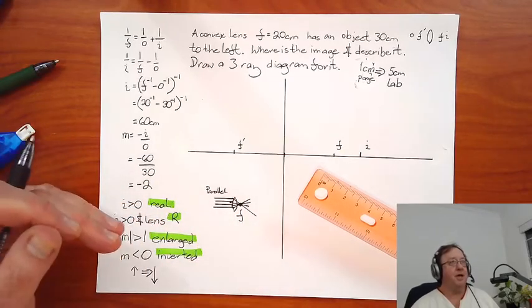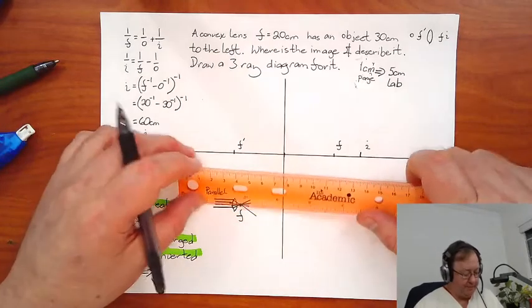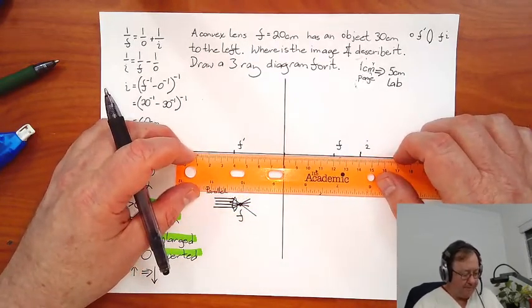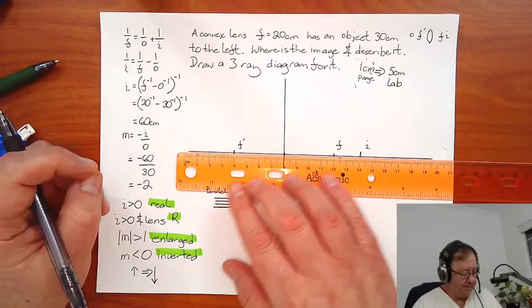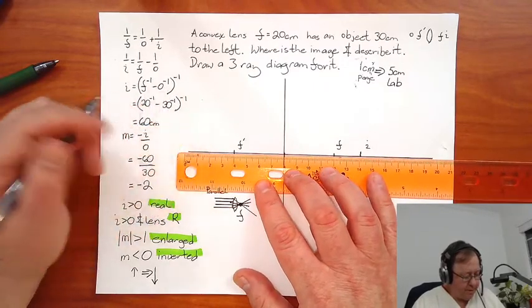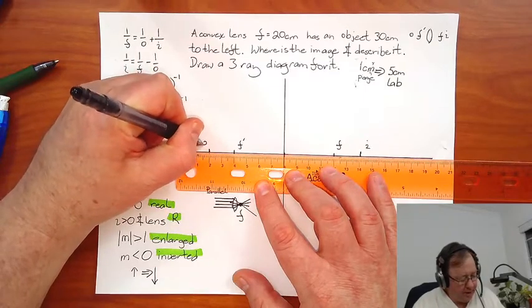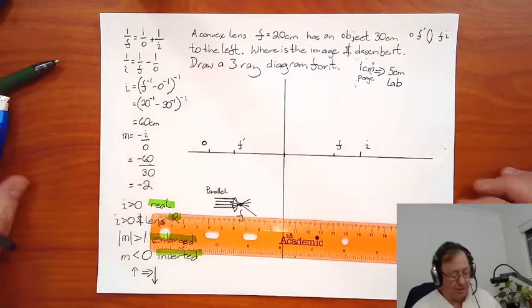Let's get our object. That is, wait, did I even screw this up again? No, I did fine. Oh, I really screwed it up. Here we go again. So object is 30, which means that's 6. There we go. I know everybody at home is screaming if you've made it this far.